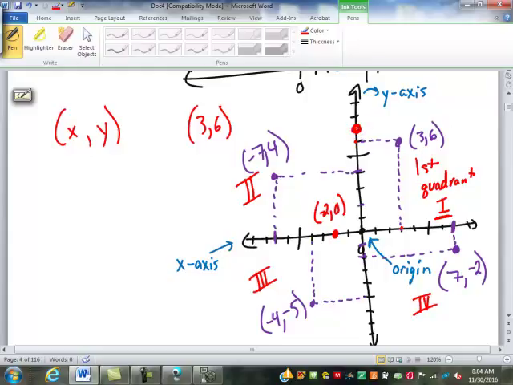Which coordinate will be 0, the x or the y? The first one will be 0, right? That'll be 0, 7. It's on the y-axis. On the y-axis, x equals 0. On the x-axis, y equals 0.